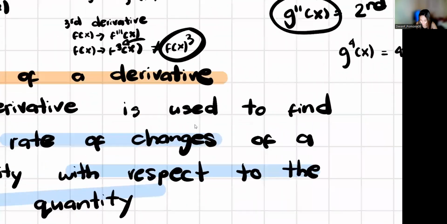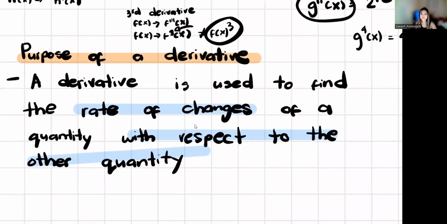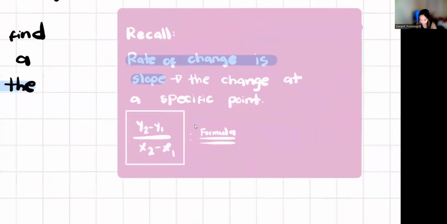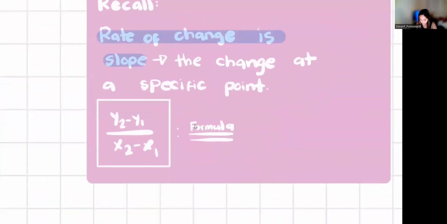So what exactly is the purpose of a derivative? Now, we are not going to get into the applications of derivatives in this lesson, but I want you all to start looking at derivatives in this framework. A derivative is used to find the rate of change of a quantity with respect to another quantity. So that is very important. In other words, recall that rate of change is slope, the change at a specific point.